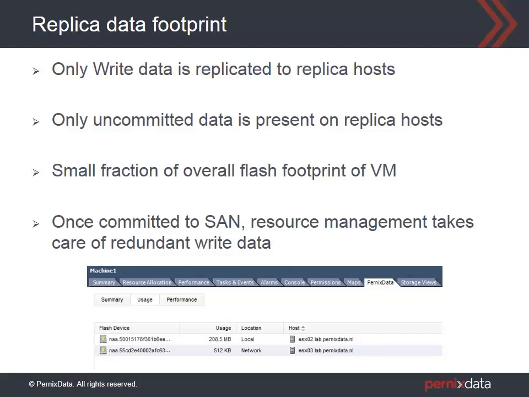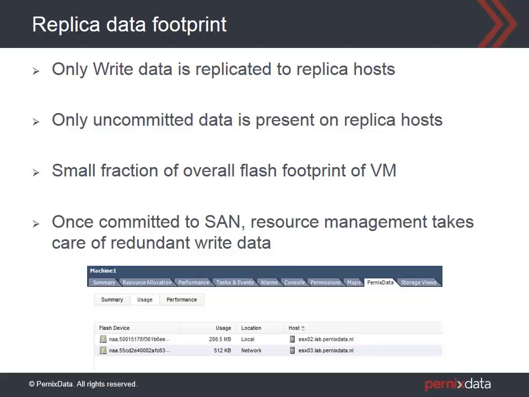And I made a screenshot, and I don't know if you can read it from the back. But on the local host, that virtual machine has a little bit more than 200 megs of flash footprint on the flash device itself. But it only has 512K of data on the replica host.